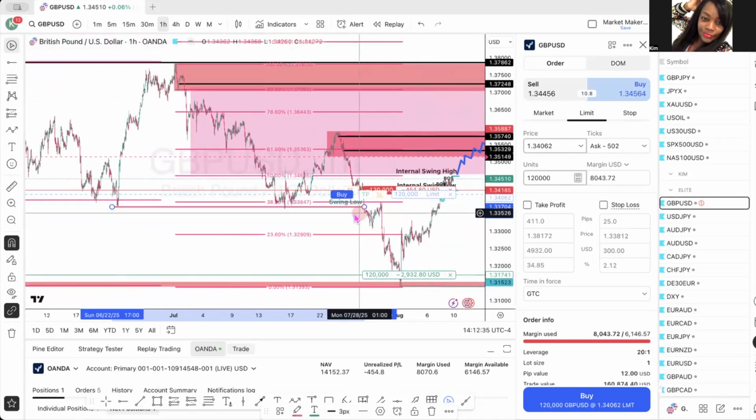So everything from here all the way up to the high, to the point where it closed and kept going, everything above this line right here is fair game for selling from.